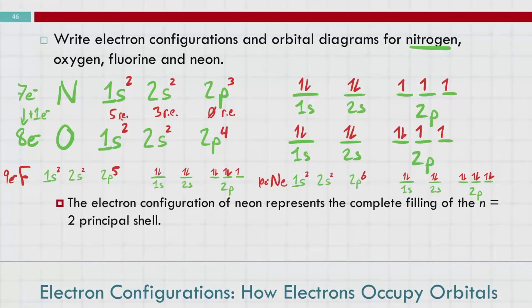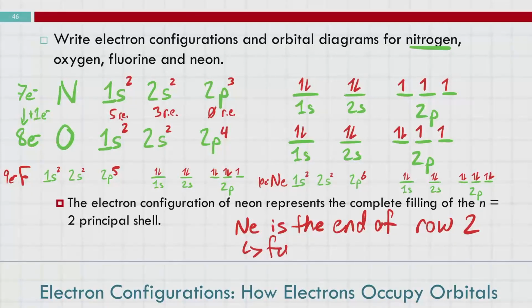And our neon is the end of row 2. You may see on the periodic table, it's all the way on the right in row 2. So it represents a full n equals 2 principal shell. So 2s is full, 2p is also full. So 2s2, 2p6.